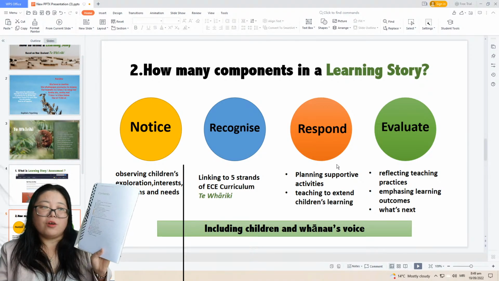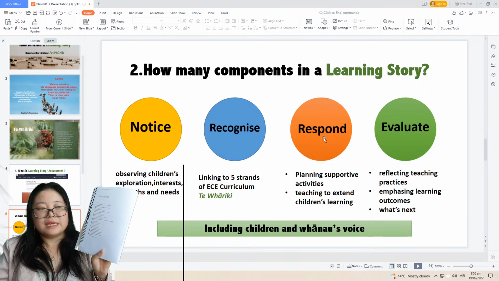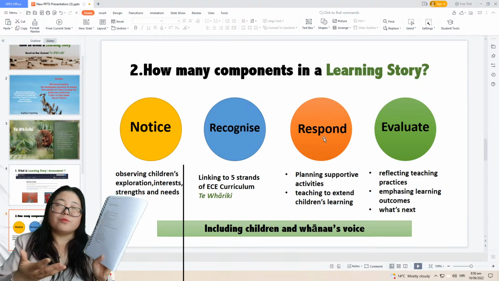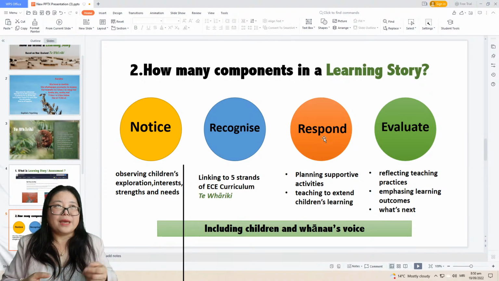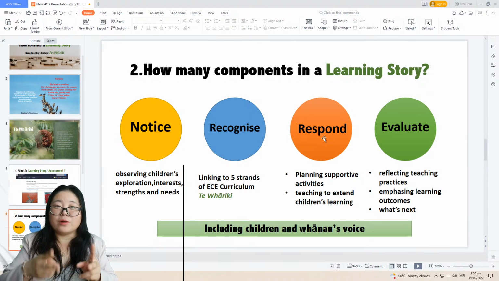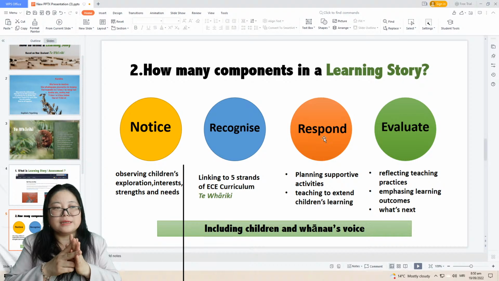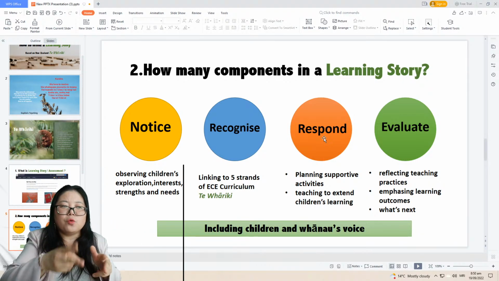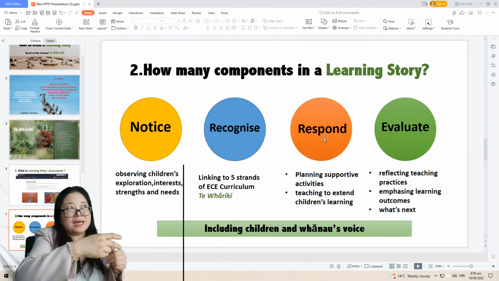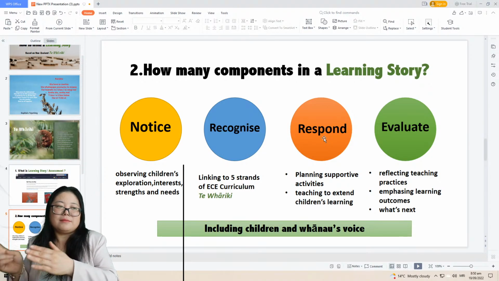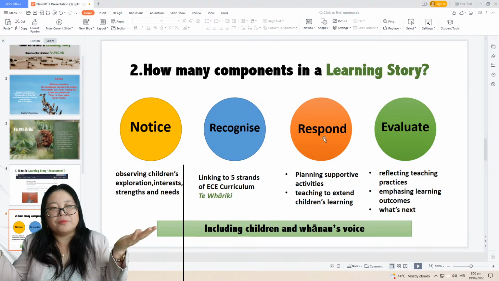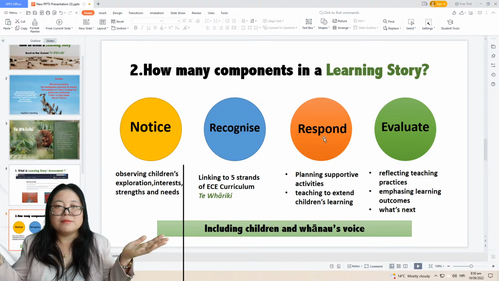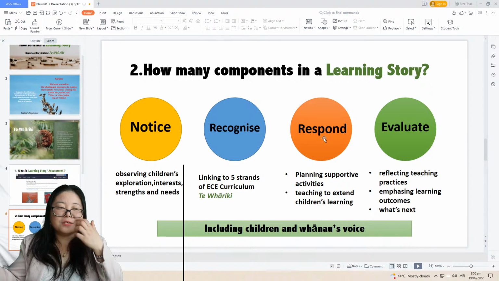Next, the orange part comes: respond. How will you respond? If you see he likes cutting, I will organize a wide range of activities all about cutting, like today cutting a rabbit, and another day cutting a lantern, to respond to the festival.